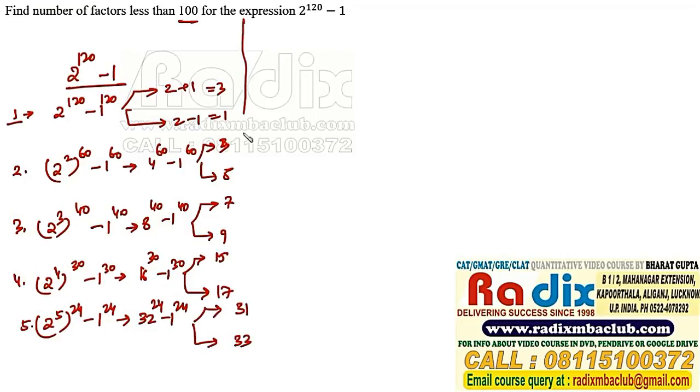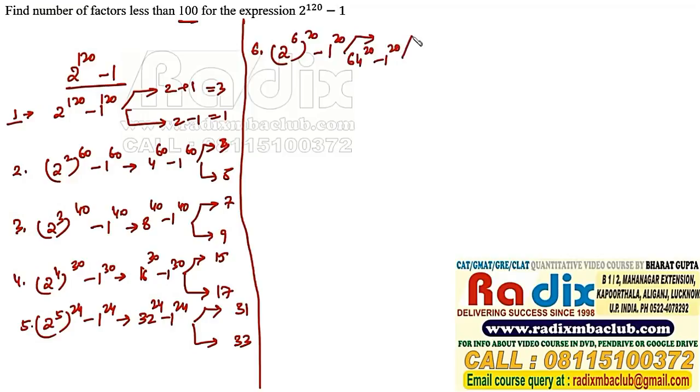Then the sixth case: 2 to the power 6 to the power 20 minus 1 to the power 20. It is 64 to the power 20 minus 1 to the power 20, divisible by 63 as well as 65, because we have positive values. Seventh case: 2 to the power 8 to the power 15 minus 1 to the power 15.